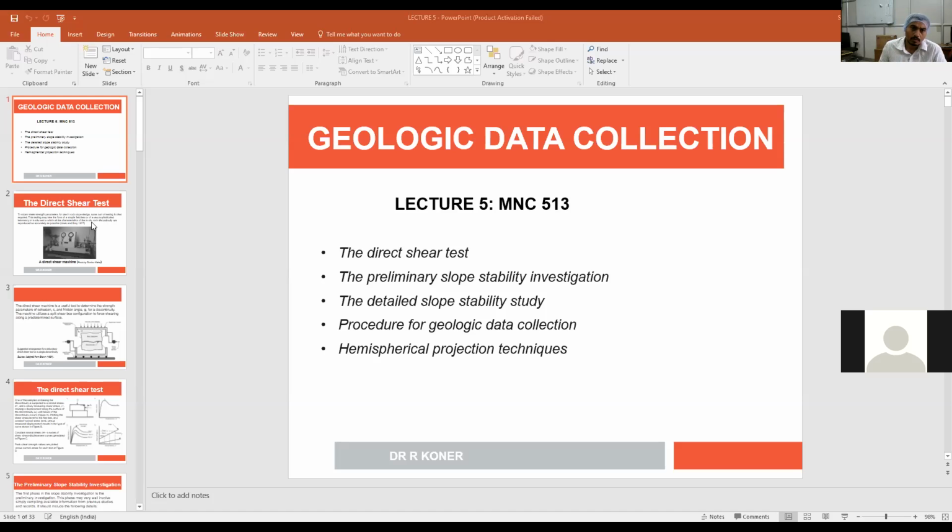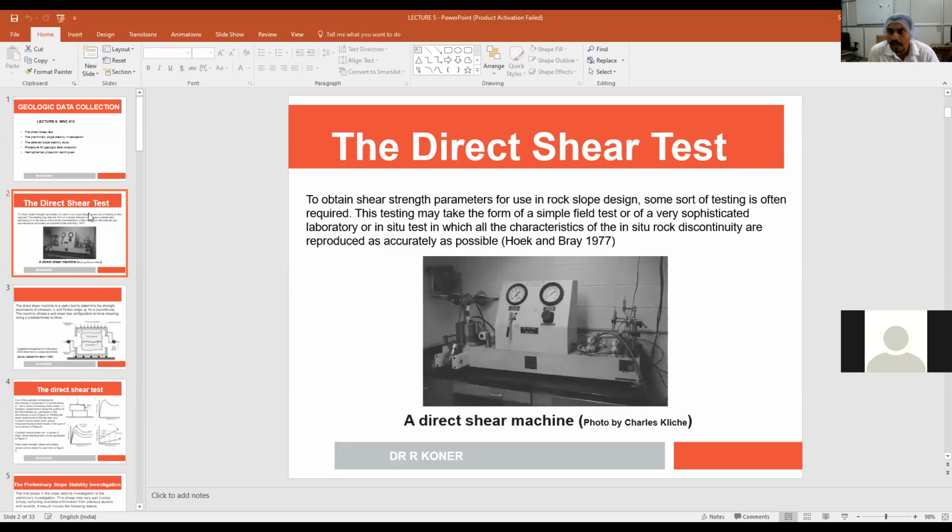So, what is the direct shear test? You all are aware that in slope stability investigation, the major parameter that is required to be estimated from the field sample is the shear characteristics of the geometry.